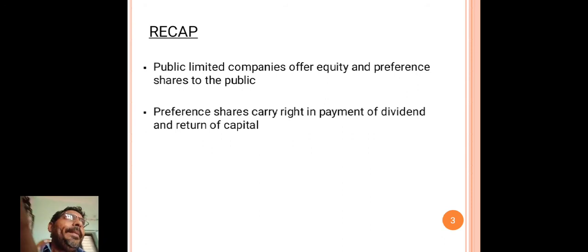While paying the share capital back in case of winding up of a company, the same preference is given to the preference shareholder.